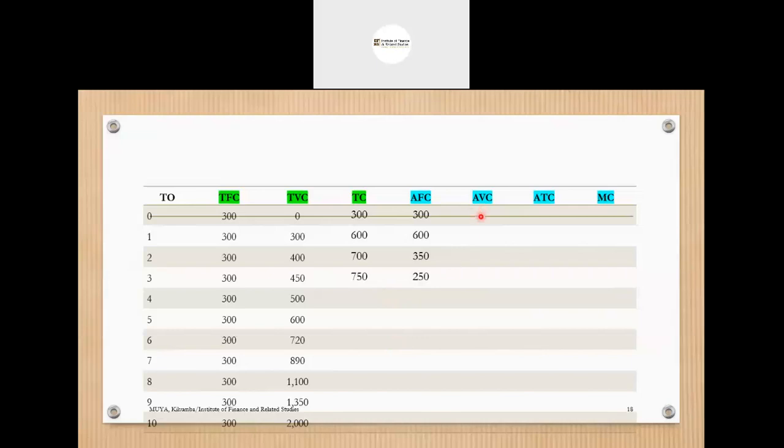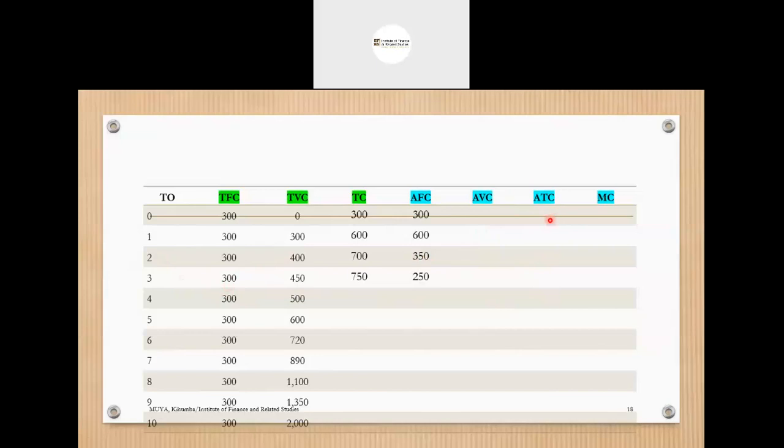Then the average variable cost: you divide the total variable cost by output. For the first one, I have not filled in any. It will be 0 divided by 0, which we take to be 0. The next one will be 300 divided by 1, which should be 300. Then we would have 400 divided by 2, 200. 450 divided by 3, 150, and so forth.